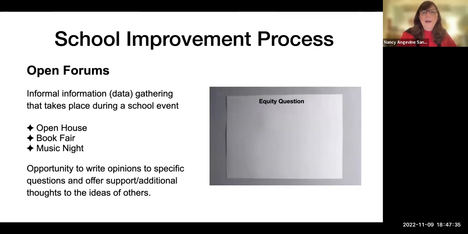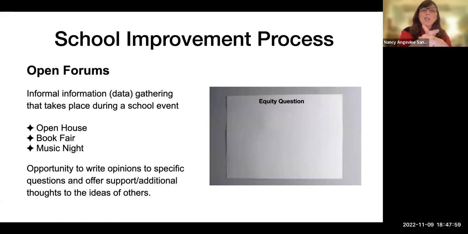The second avenue that you could take, we're calling open forums, and this is informal information or data gathering that would take place during a regularly scheduled school event. So like your open house or a book fair or music night, even parent-teacher conferences, which I know have for the most part happened already.